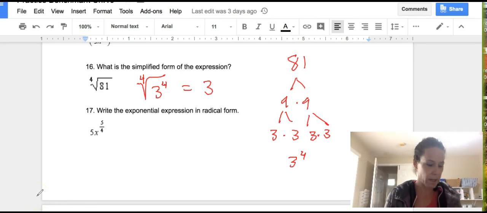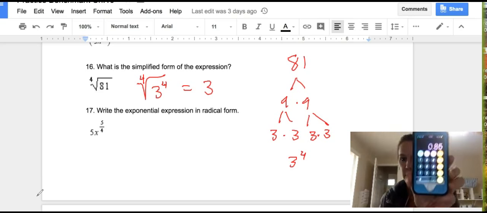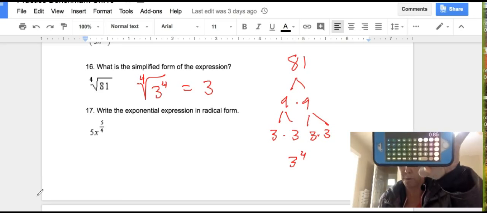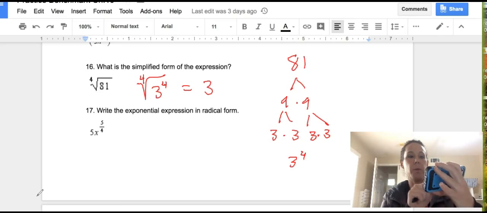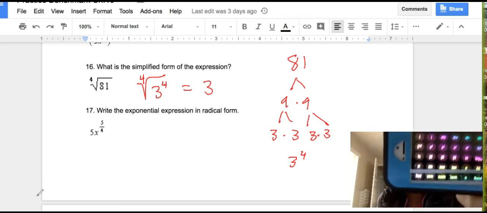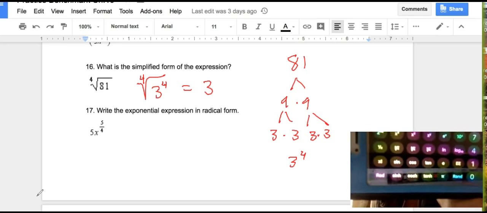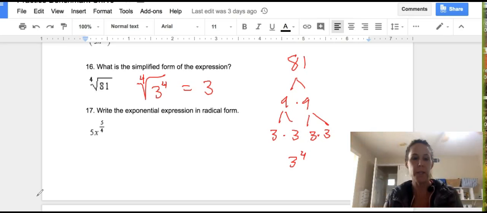You can check this on a calculator. You can do a fourth root. If you have a phone calculator and you tip it to the side, you have roots. And if you look at your roots, you have one that is a y root x, which means you can plug in any root you want for that one. So in this case, I would do 81, then I click y root x and I click 4, and it gives me 3.